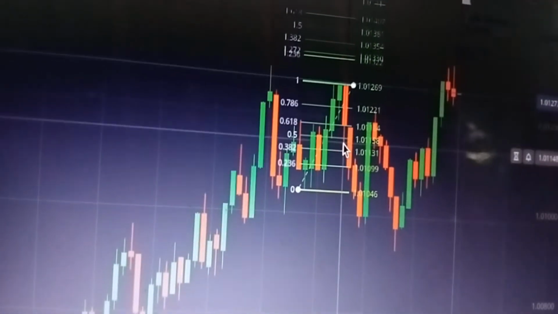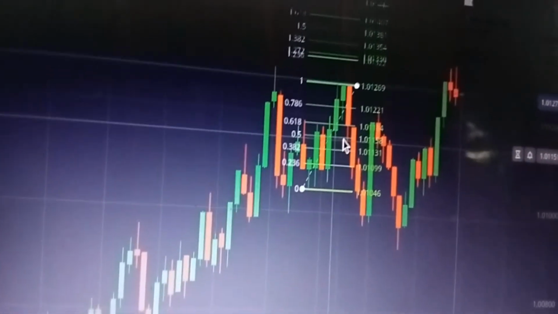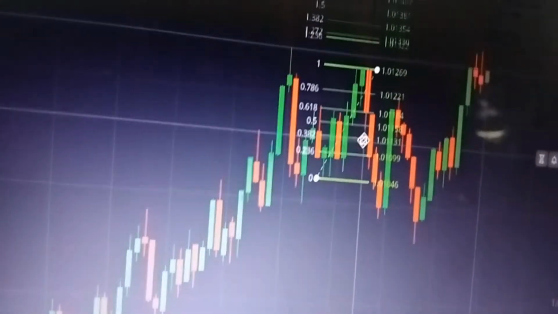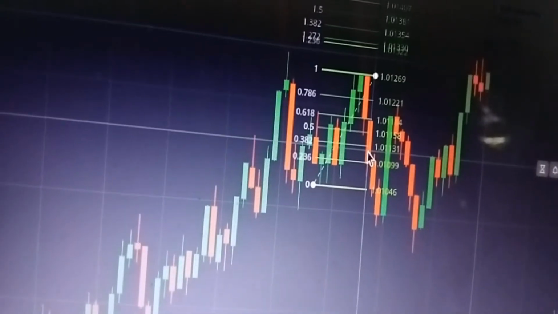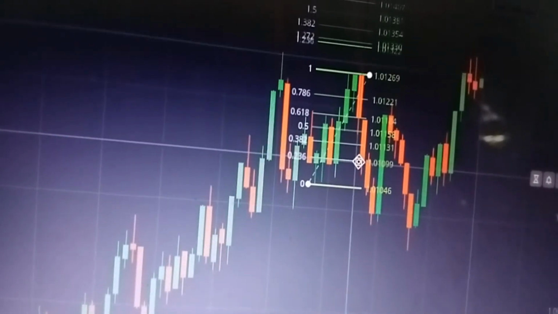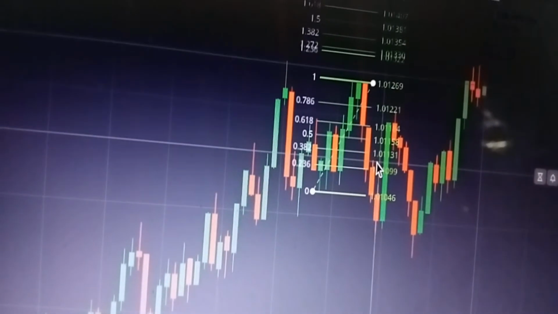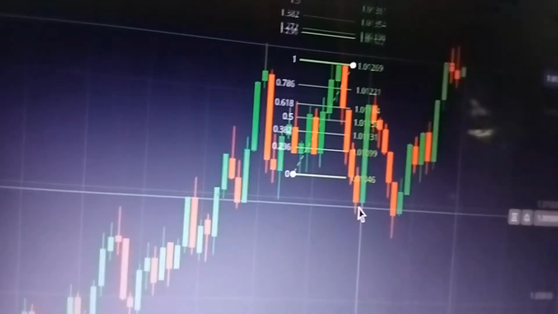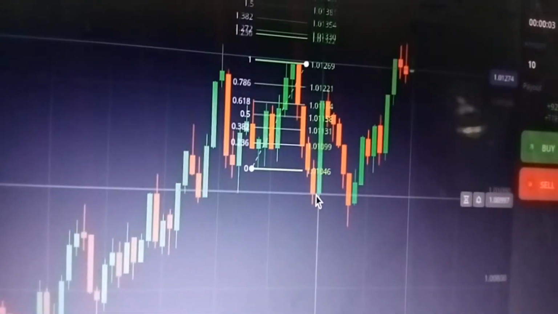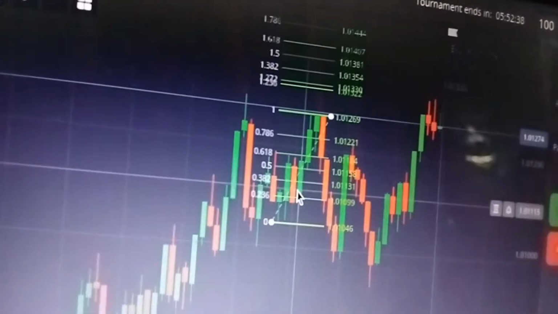So you want price to come down to what? 50% and below. But did it? Yes, it did. But did it respect? No. The body stopped at 23.6%, but then dumped. It dumped, showing a bearish trend, showing a bearish change of character.